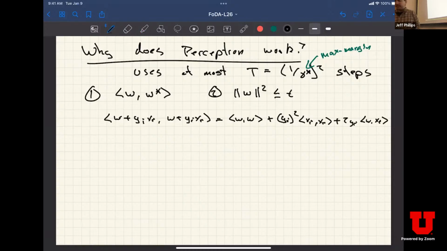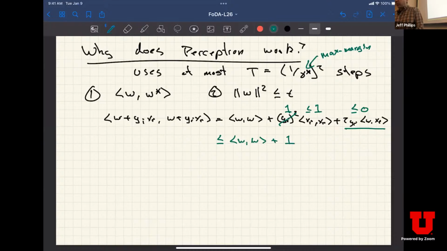Okay, I know that this value is always 1, because it's either -1 or +1 squared. And this value is at most 1, because the length of every data point is at most 1. And this value is less than 0. I know I only chose a point that was misclassified.